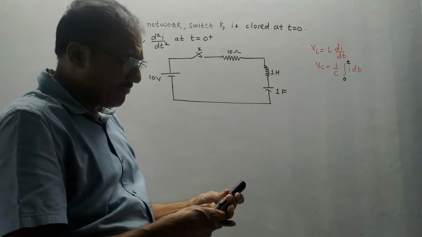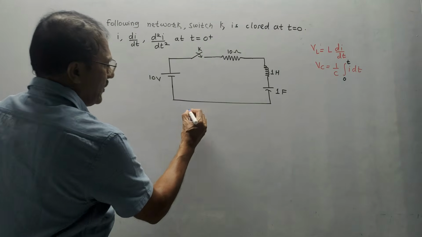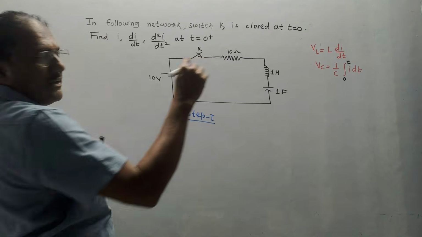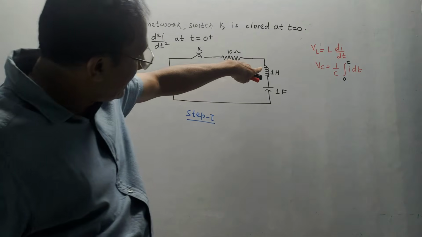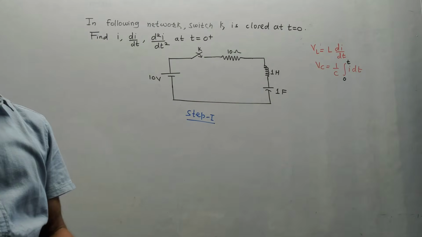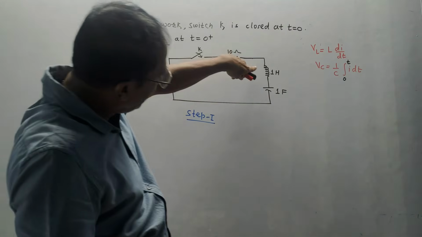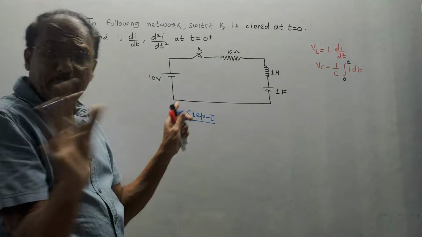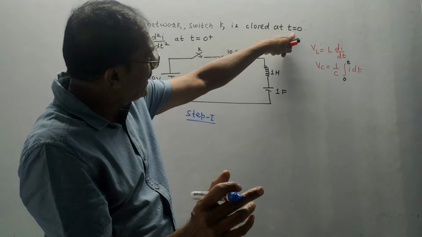Like the previous sum, in step 1 you need to calculate whether there is some initial condition existing across the element. Now there is an inductor as well as a capacitor. In case of a capacitor we need to calculate initial voltage. In case of an inductor we need to calculate initial current. But in the present numerical the things are pretty simple. The switch is closed at t is equal to 0.